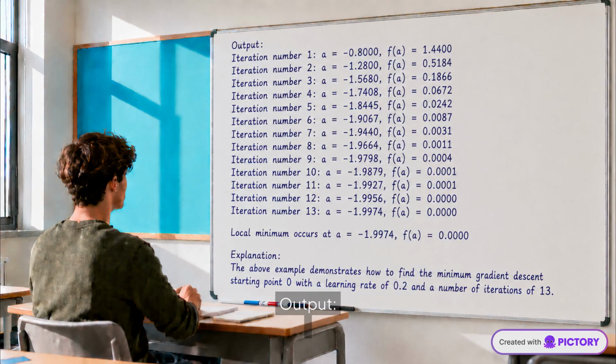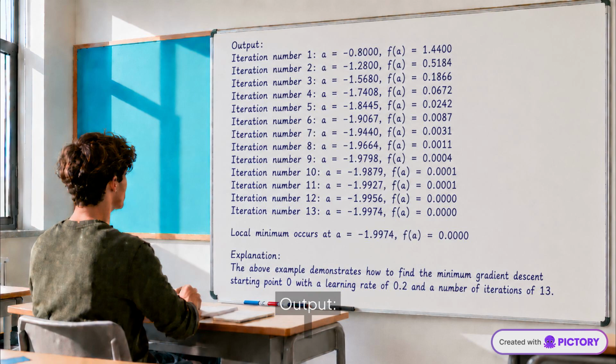Iteration number 8. a equals 1.9664. f(a) equals 0.0011. Iteration number 9. a equals 1.9798. f(a) equals 0.0004. Iteration number 10. a equals 1.9879. f(a) equals 0.0001. Iteration number 11. a equals 1.9927. f(a) equals 0.0001.